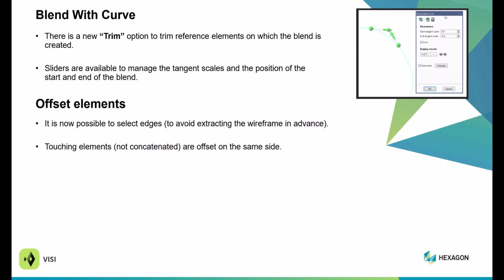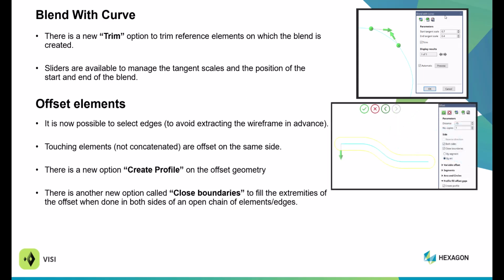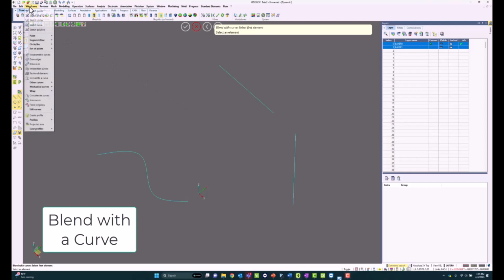You have touching elements, not concatenated, which are offset on the same side. You also have an option to use create profile on offset, and another option called close boundary, which allows you to create a closed boundary. This option also allows you to create that closed boundary as an arc or a segment.